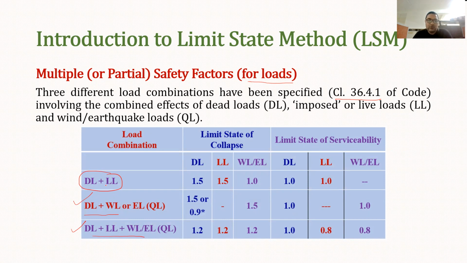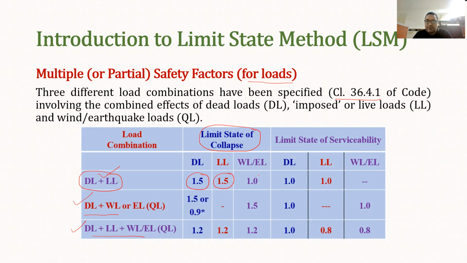So these are the combinations that the IS code has suggested. Now considering the first combination, when both of these loads are occurring simultaneously on the building, what will be the safety factor in case of collapse and in case of serviceability? In case of limit state of collapse, the safety factor for dead load will be 1.5 and for live load will be 1.5.